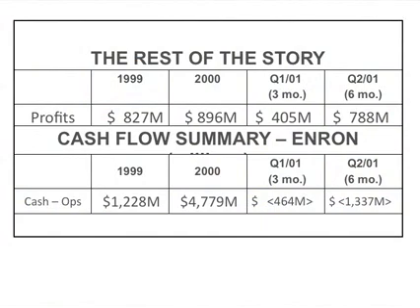Take a look at the first quarter of 2001. How'd they do at converting profits into operating cash? Horrible. These guys successfully converted $405 million of profits into a real-life cash loss of $464 million. That's what they did.